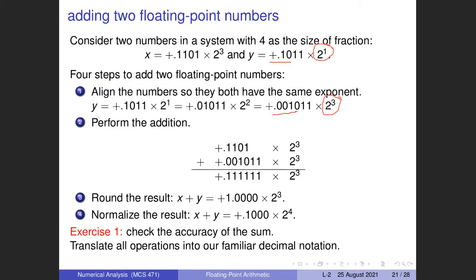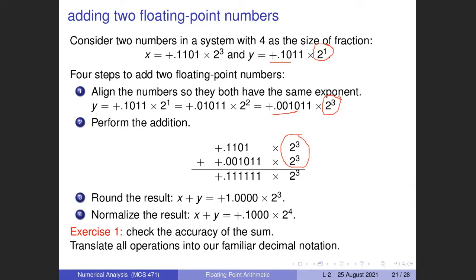If they are the same, we can skip step one. But here they are different, so we need to denormalize. After the denormalization, everything is here the same exponent. So the exponent is here just added, but it doesn't matter in this stage. At this stage, we actually work with a longer fraction, and we do the binary addition.